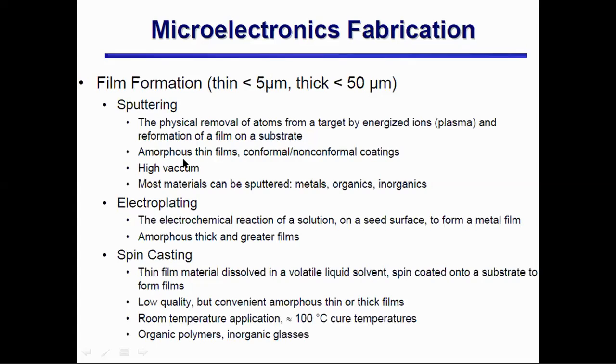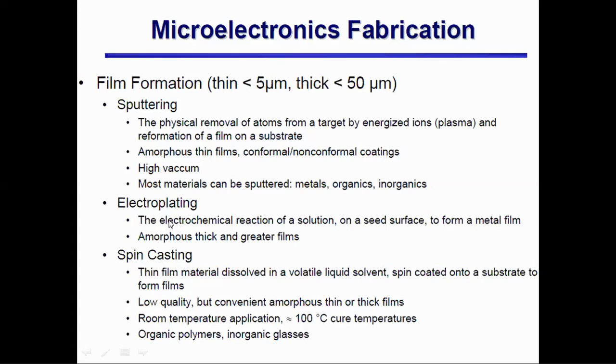These thin films would be amorphous, conformal and non-conformal coating. The process would take place under high vacuum. Most materials can be sputtered. Those could be metals, organic or inorganic material, etc.